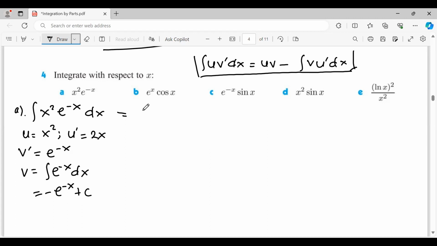So u times v is x squared times minus e power minus x plus c, minus the integral of v, minus e power negative x, times 2x dx.